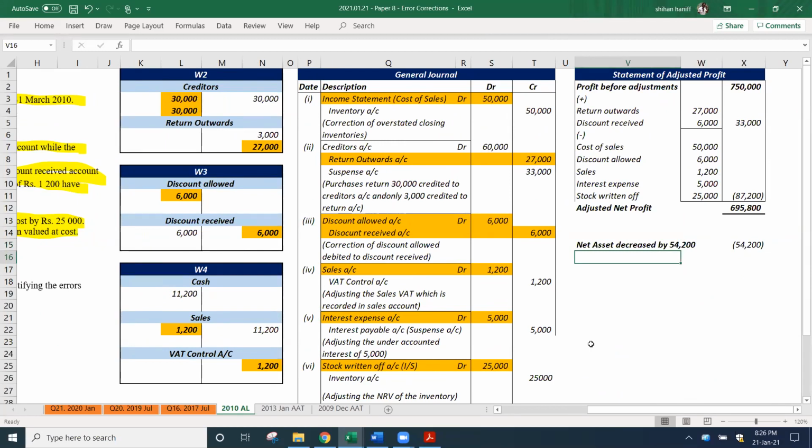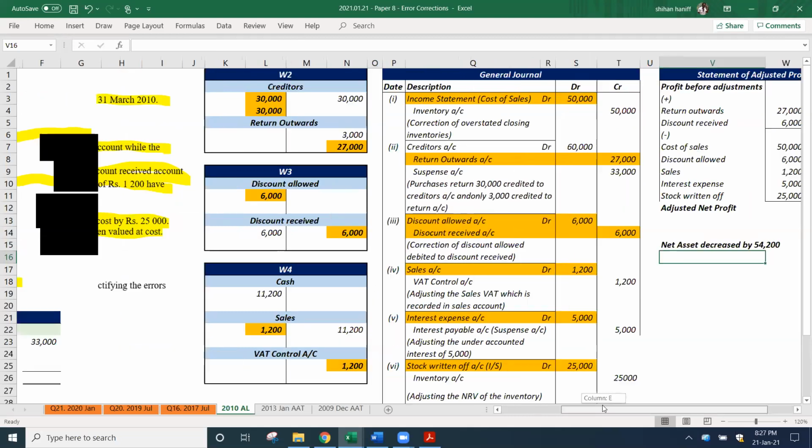So the earlier profit was 750,000. After adjusting, the profit is 695,800. Therefore, the net asset will be decreased by 54,200.